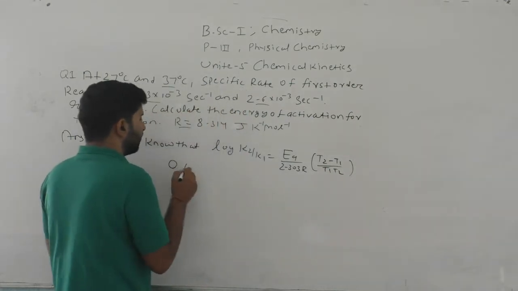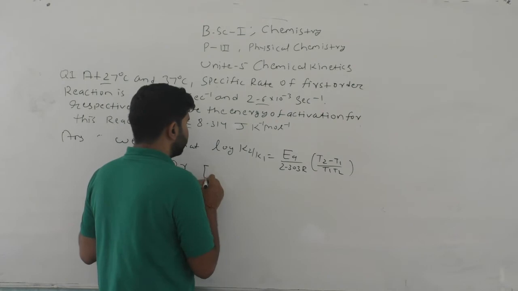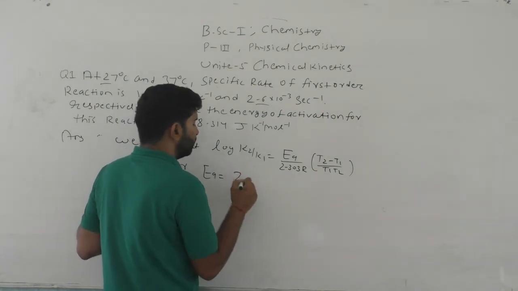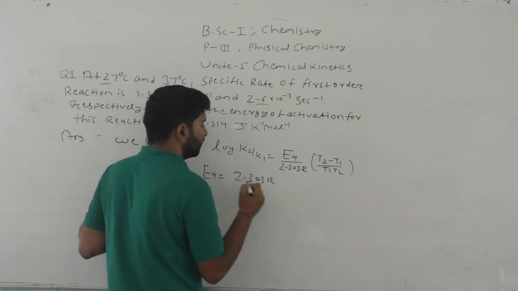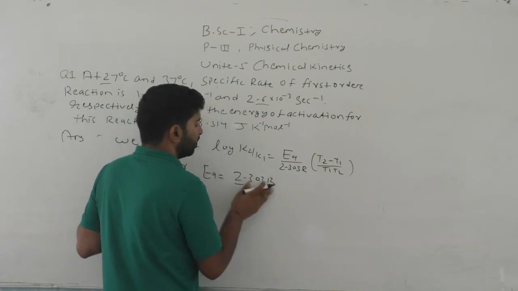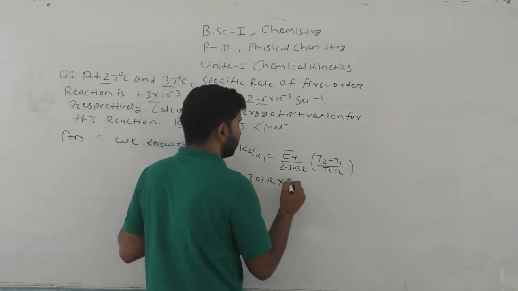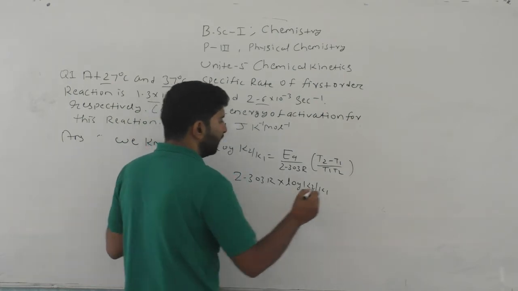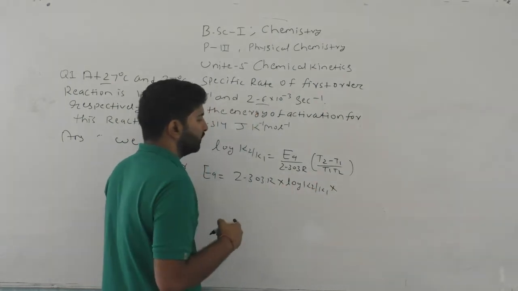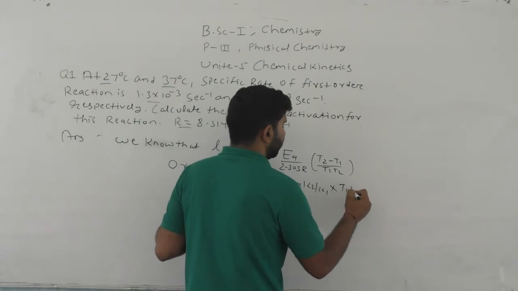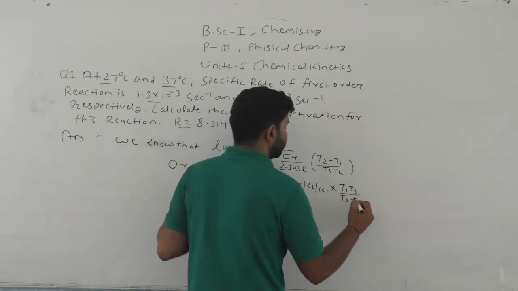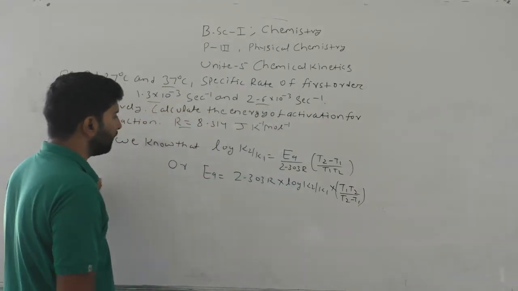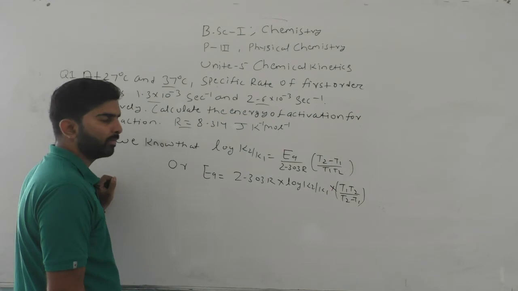Or we can write EA equals to, first we move these terms, 2.303 R multiply log K2 upon K1 multiply these terms T1 T2 upon T2 minus T1. So these come out by moving these terms to the left hand side.